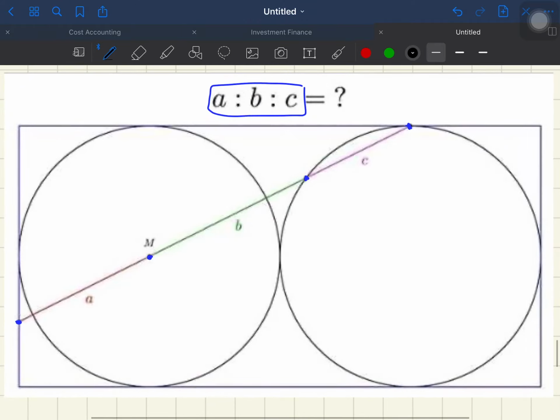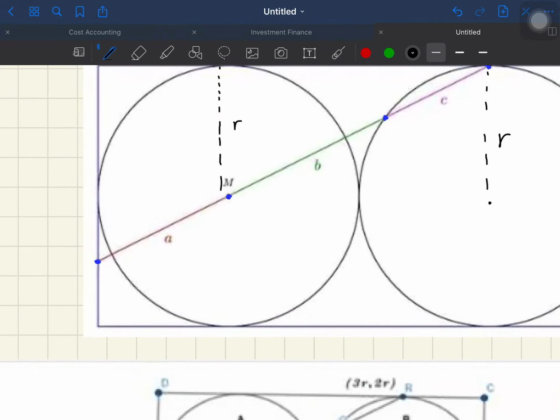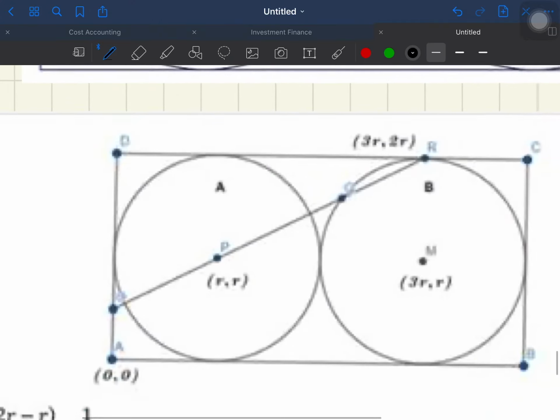We assume that, in this case, we have two similar circles, very importantly. So they have a radius of r, this is the center, then we have a radius of r here, and hence we can denote some points. We can start from here, the origin, like this.